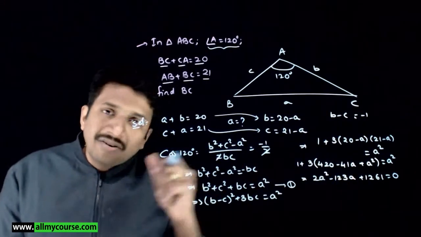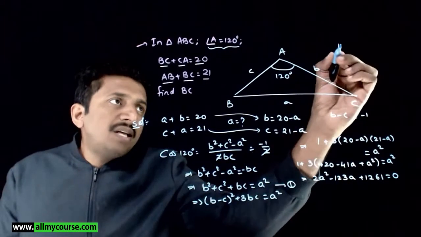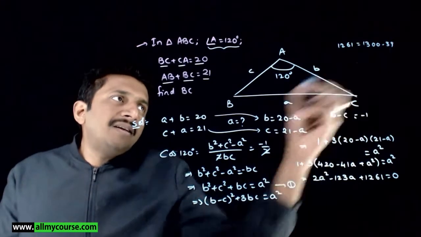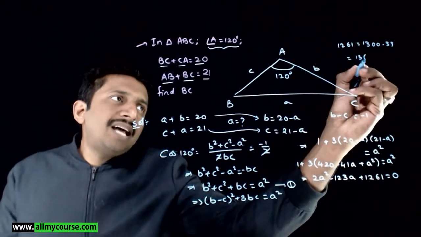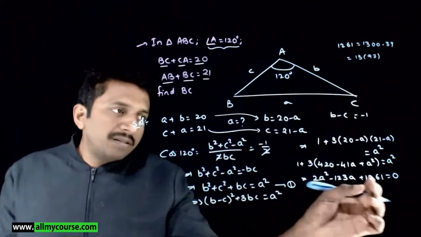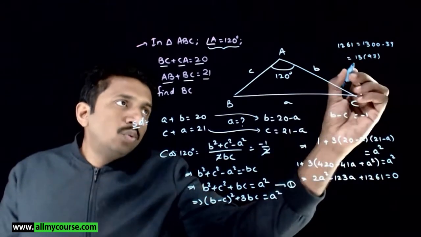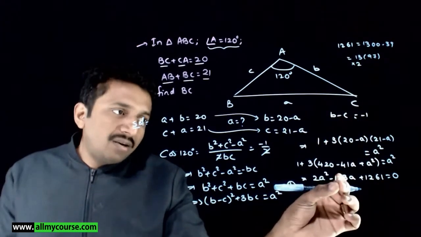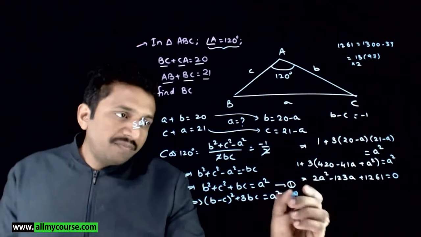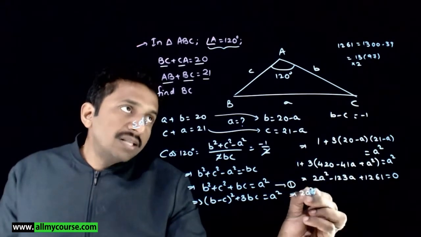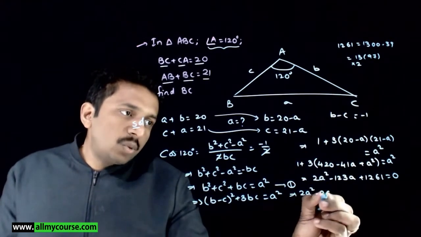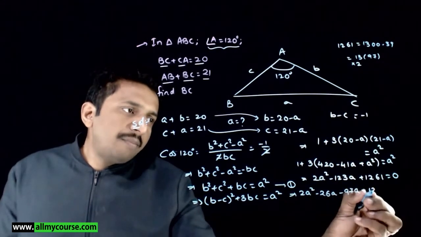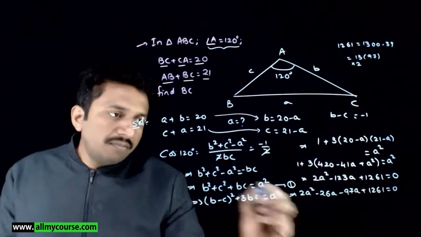So you can try to factorize this. 1261 is nothing but 1300 minus 39. That is equal to 13 times 97. So this is 13 times 97 into 2. So effectively you have 26 times 97, and 26 plus 97 is 123. So you can factorize this as 2a square minus 26a minus 97a plus 1261 is equal to 0.